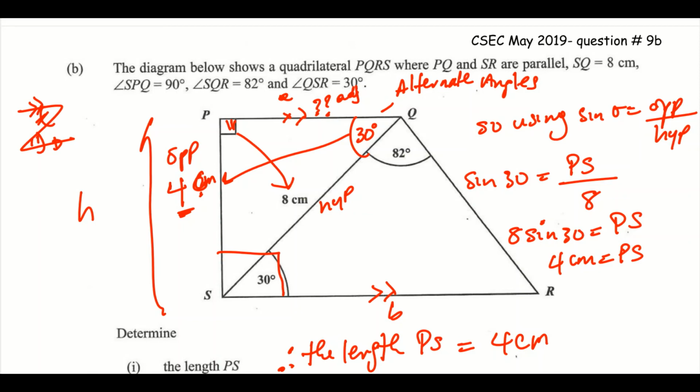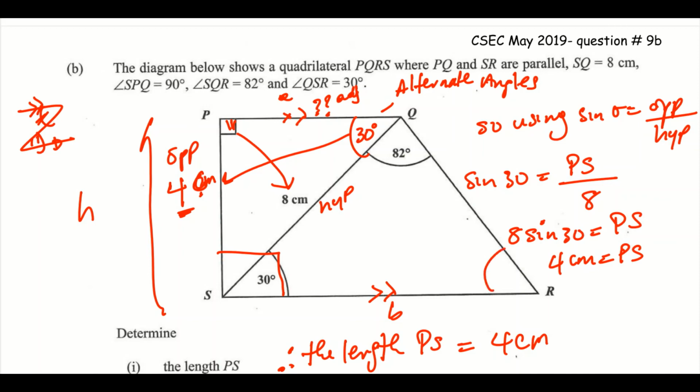Now we don't know our b, but let us look at the length SR in terms of the non-right angle triangle here. Let us look at QSR. Now automatically what stands out right there, we're able to use the sine rule, because once we have two angles and one side opposite to one of the angles, then we're able to use the sine rule.